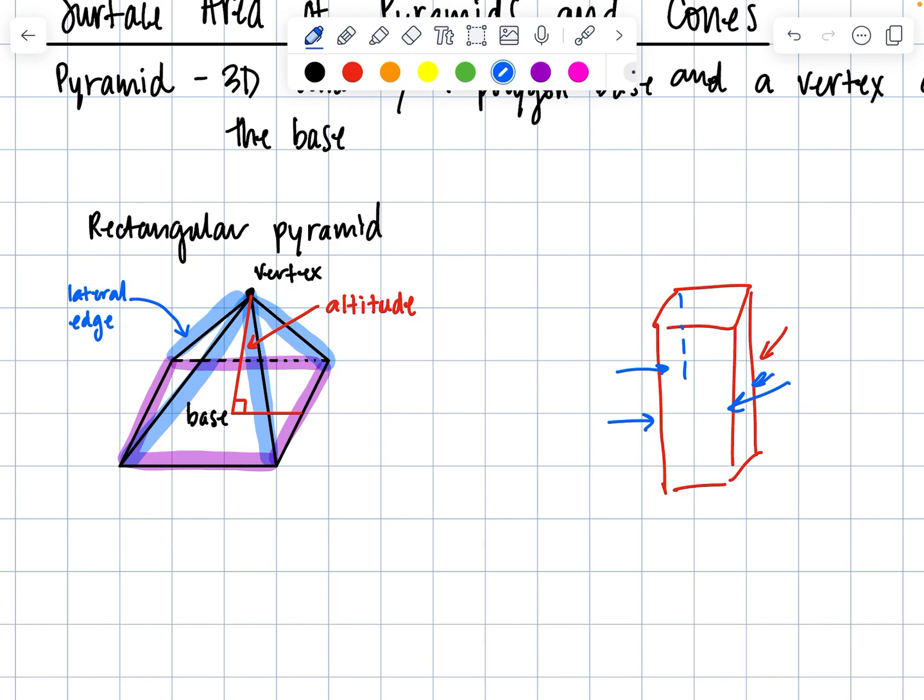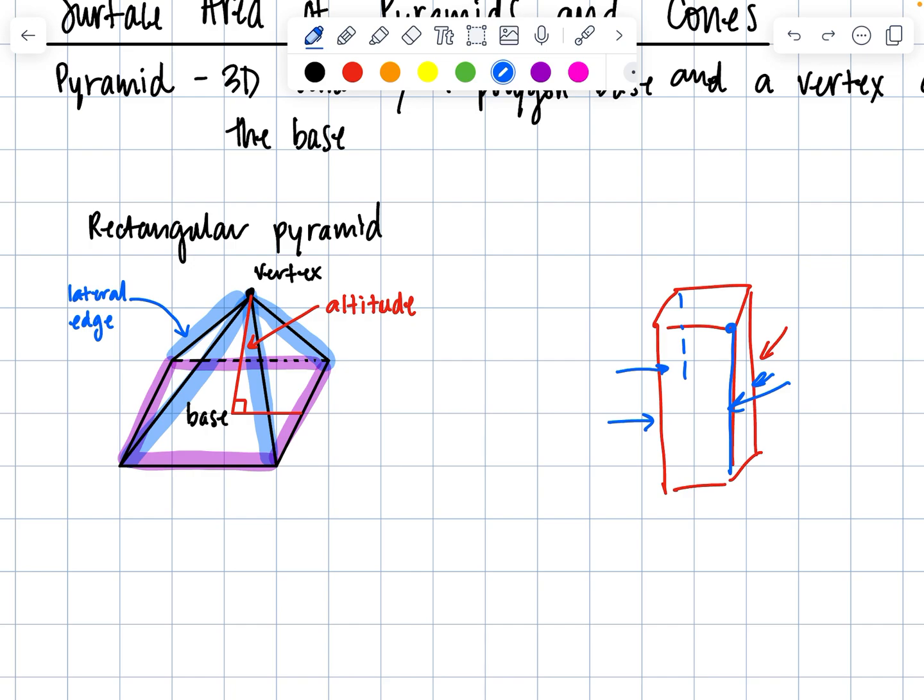So that's another important feature. A lateral edge, once again, is not the same as the altitude. In a rectangular prism, it is, because it is a corner, and it goes from the highest point to the lowest point. It goes from base to base. Okay, so that is a key difference.